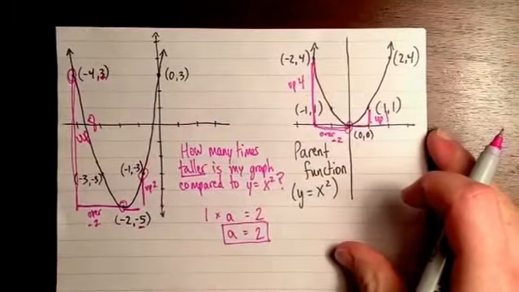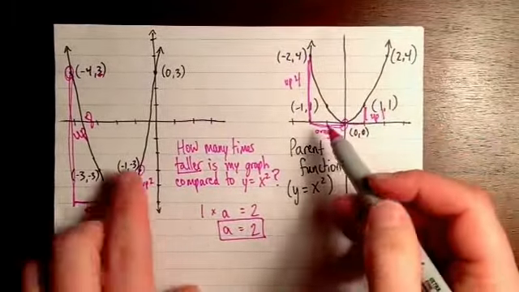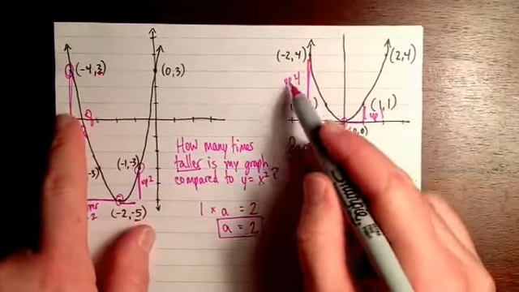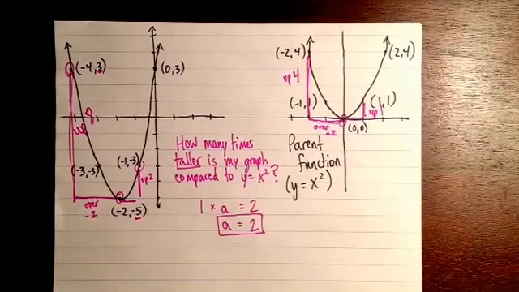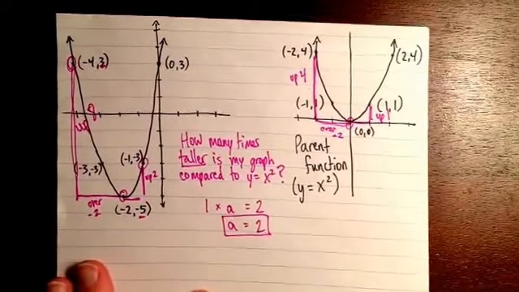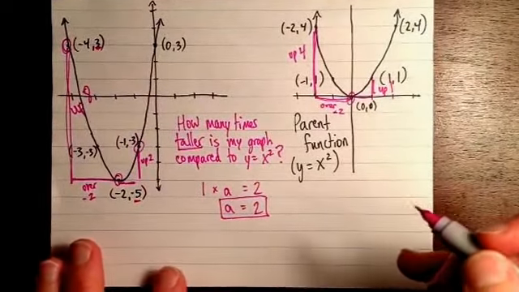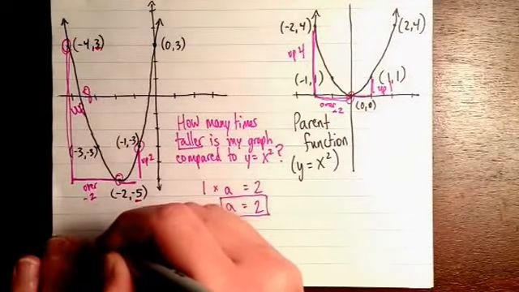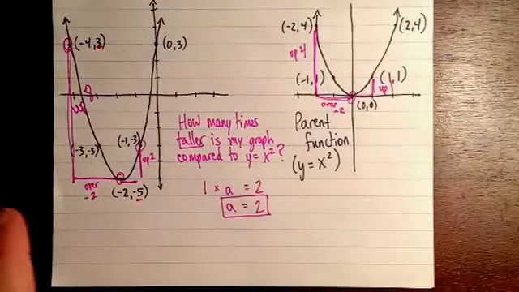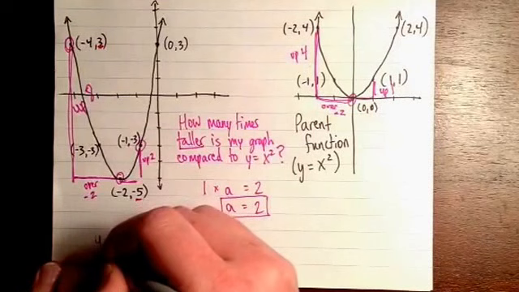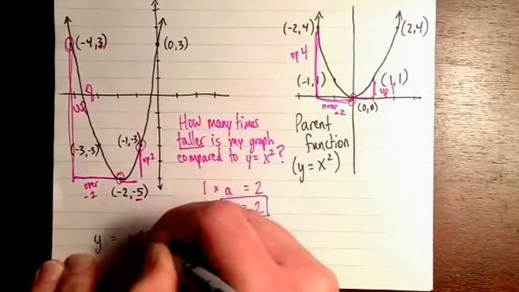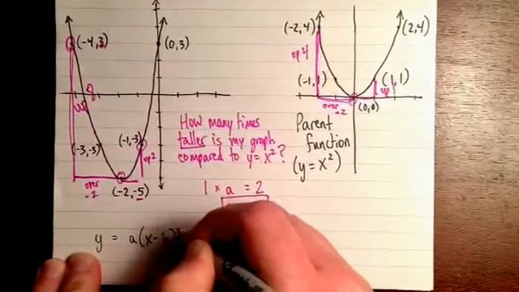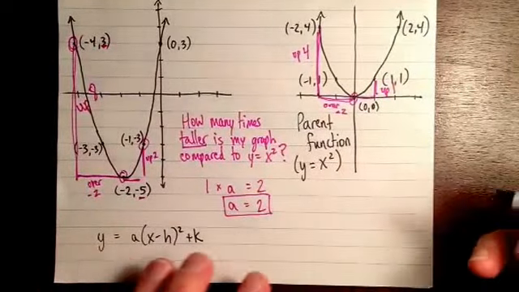So if we'd done it at a different point, we'd say, well, how many times taller is 8 compared to 2? And it's also double. So the a value is 2. Maybe if I wanted the equation, let's just do it quickly in standard form. So we've got y equals a times (x minus h) squared plus k.